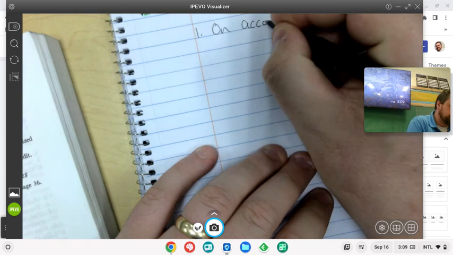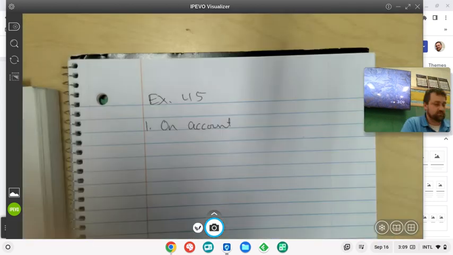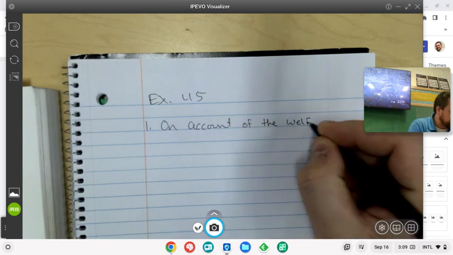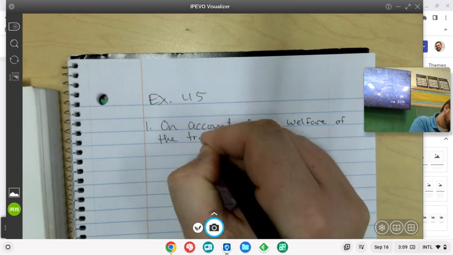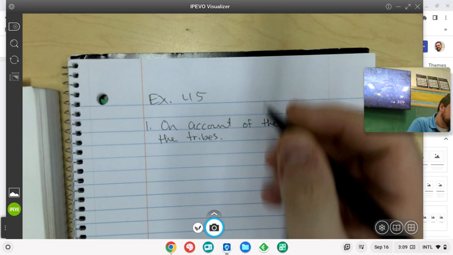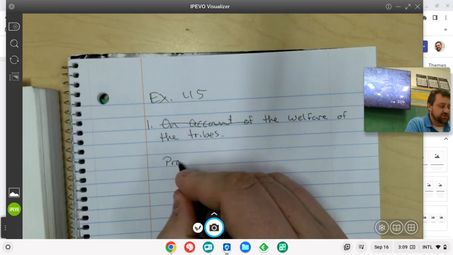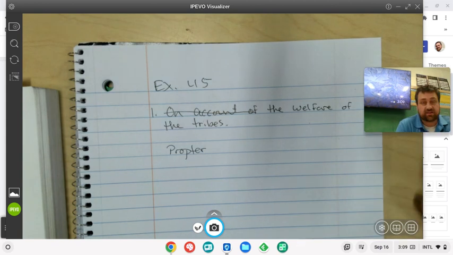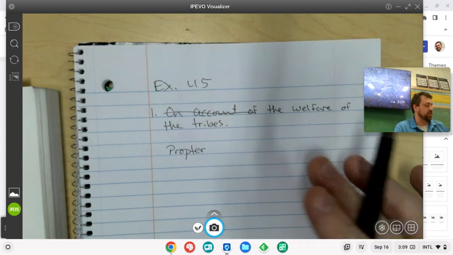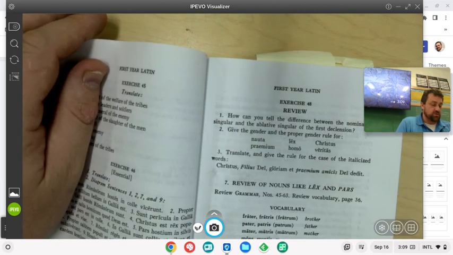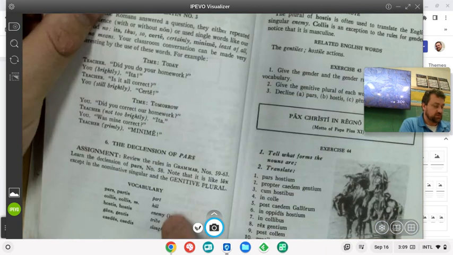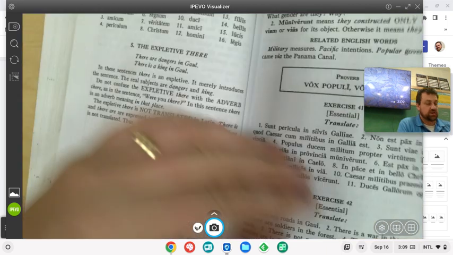Okay, so on account of, we know is propter. And propter takes the accusative, so we need to know the word for welfare. If we don't know the word for welfare, then we need to look back at our vocab.